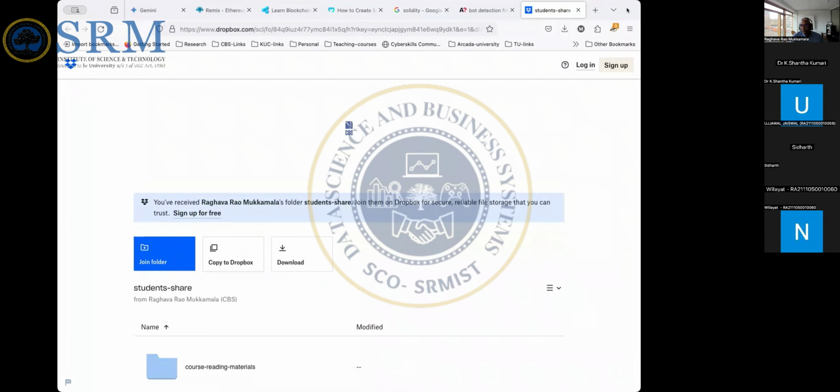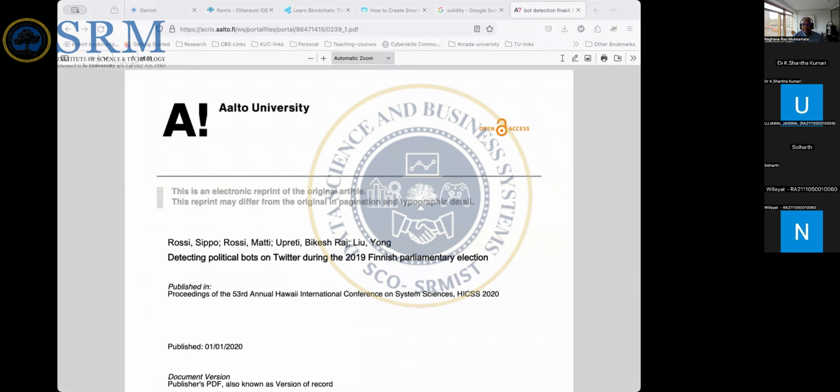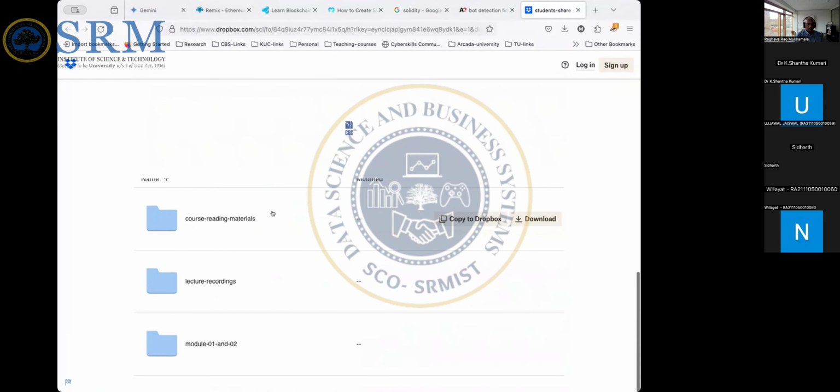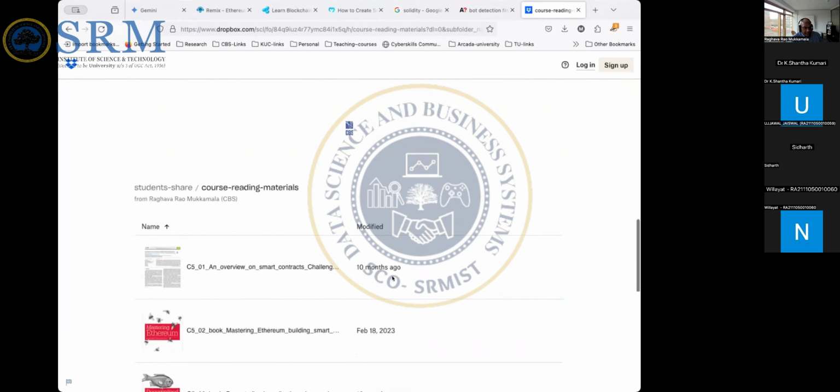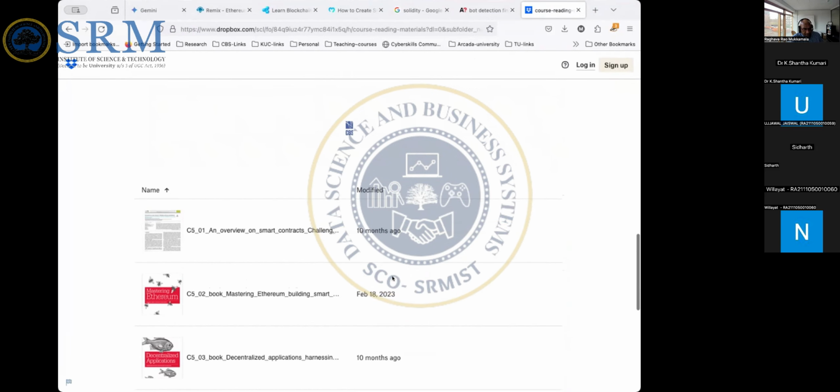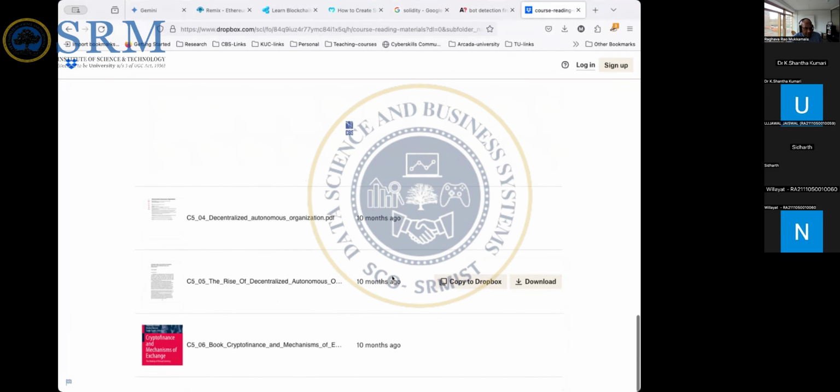If you look at my Firefox window, you have different folders. Course reading materials contains all the materials, like the two books and the papers referred to.